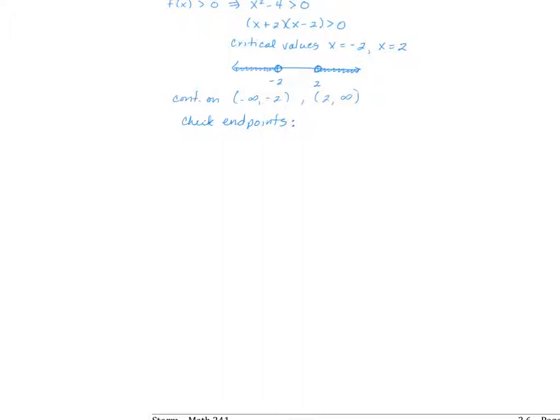Well, first of all, f of negative 2 is equal to 0, and f of 2 is equal to 0. So when we check the limit as x goes to negative 2, notice that we have to approach negative 2 coming in from the left.